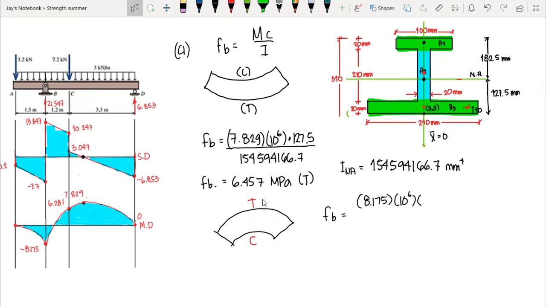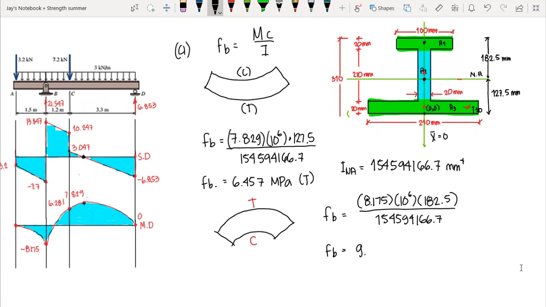So therefore, we have the C distance, that is 182.5 from the neutral axis, since that is on the top surface, over the moment of inertia of the neutral axis, that is 154,594,166.7, and our flexural stress here is equal to 9.651 megapascal.